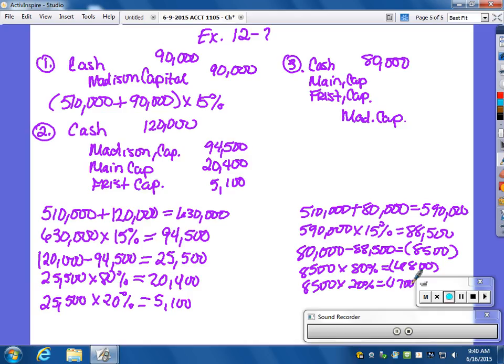So you can bring those up here, right? Main's capital, who had the 80% ratio? Main. So we're doing 6,800 here. Fritz was the 1,700, right? Madison capital is 88,500. Do we balance?